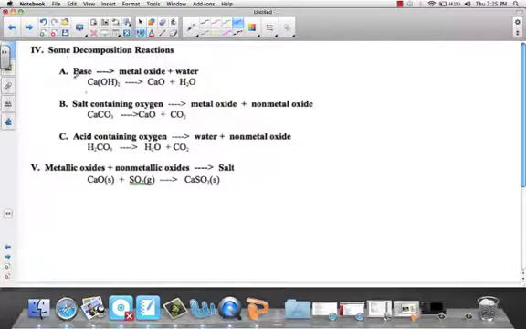Here are some examples of decomposition reactions. Here you have a base. Notice what makes up the base.